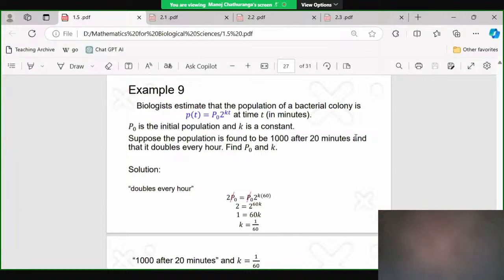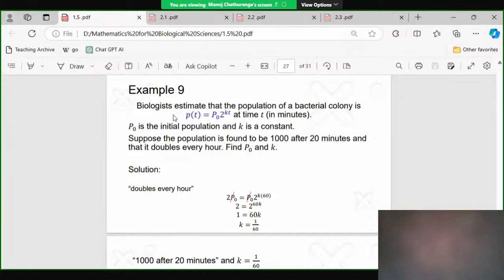It may be the number of bacteria after some time, or it may be the fact that it doubles every hour, or it may be the fact that the population reached its maximum level after 30 hours or something like that. If you have some information, using this model you can find some useful information.